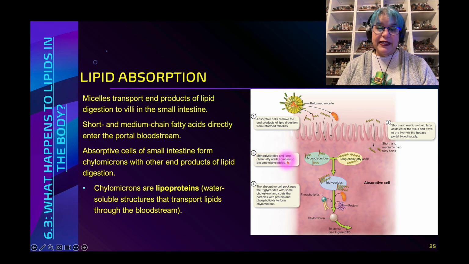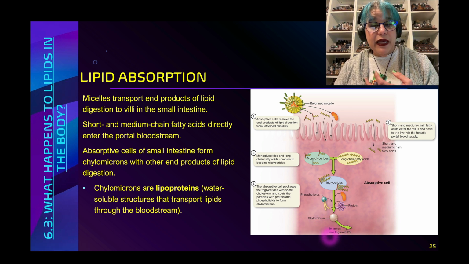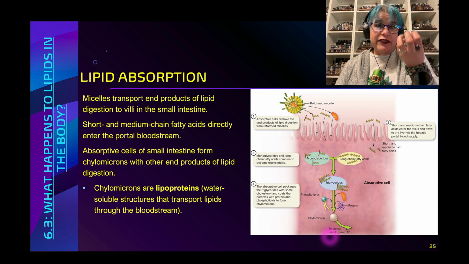Monoglycerides and long chain fatty acids combine to become triglycerides again. The absorptive cell, this cell, packages the triglyceride with some cholesterol and coats the particles with a protein and phospholipids to form the chylomicron. Basically, I am putting the lipids that don't like the watery environment of the blood into a protective shell so that they will move.